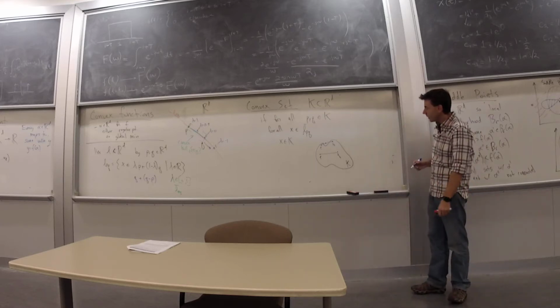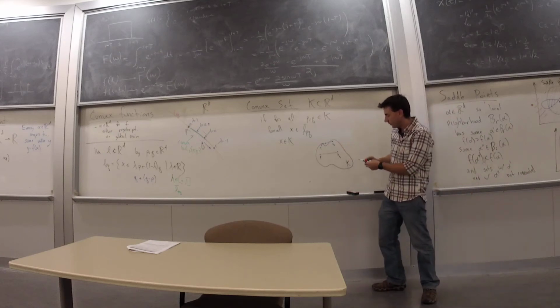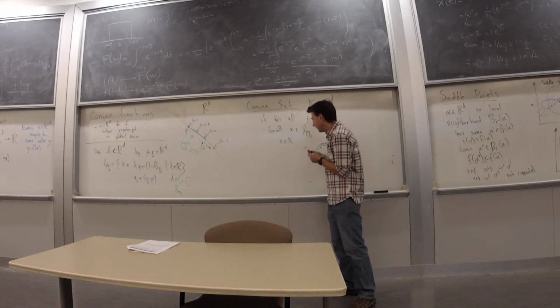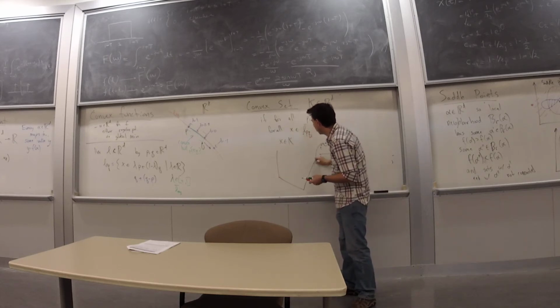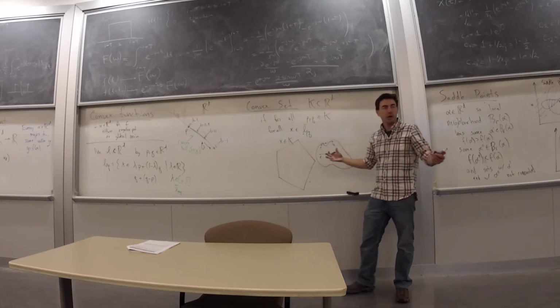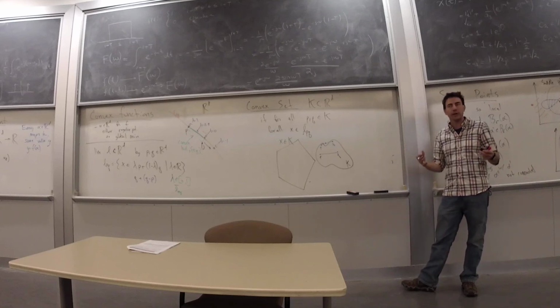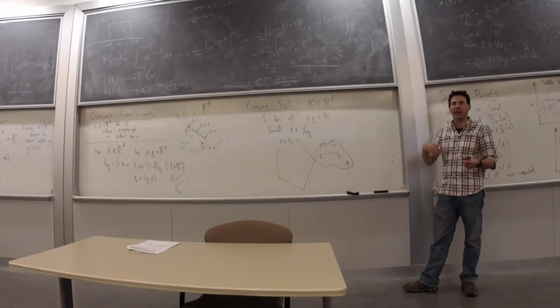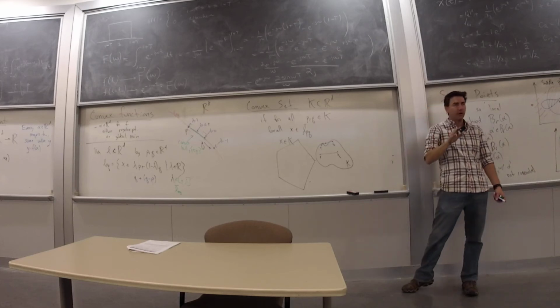This one is not convex, but this set would be convex. A ball is going to be convex. Any of the LP balls we talked about are going to be convex sets.